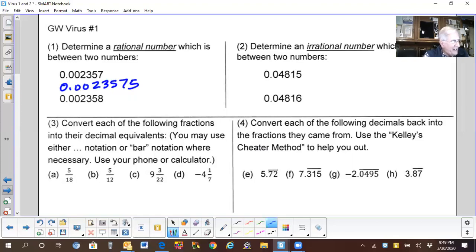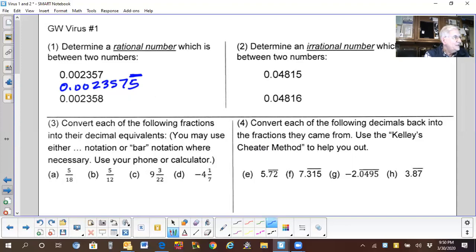Could I have made that number repeat? I could have. I could have put a bar over the 5 and told the 5 to keep repeating forever to infinity. That number also is a correct answer for a rational number that is between those two.